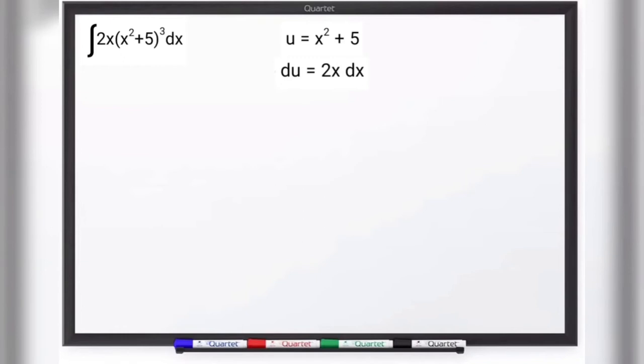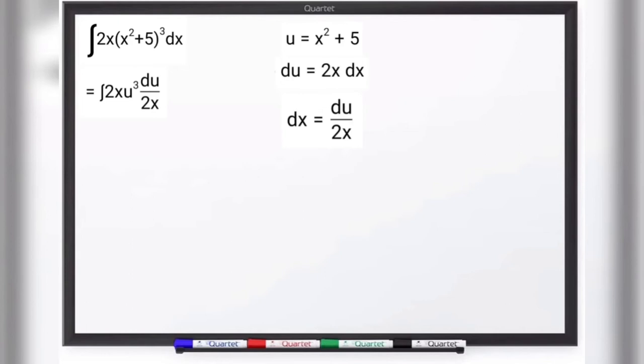Next, if you divide both sides by 2x, we get dx equal to du over 2x. After that, we replace x squared plus 5 with u and dx with du over 2x. So we get 2x u to the power of 3 du over 2x.